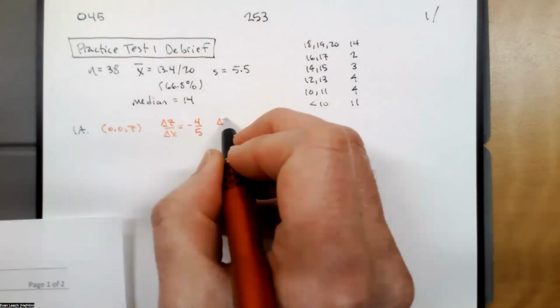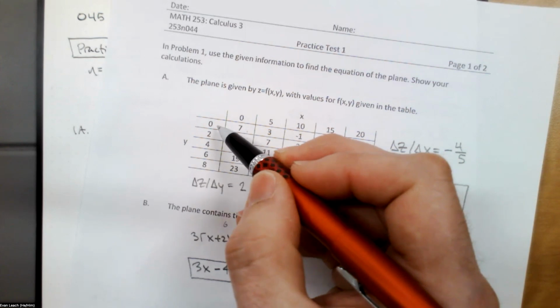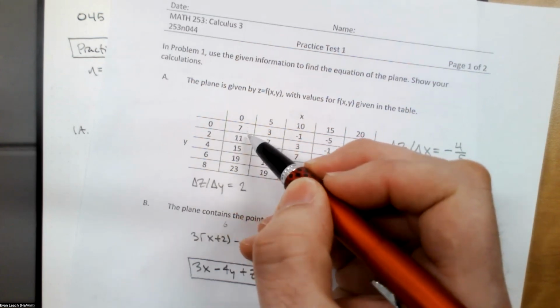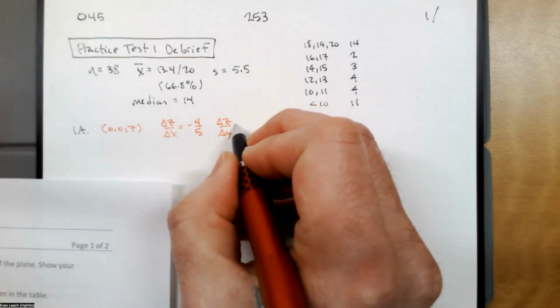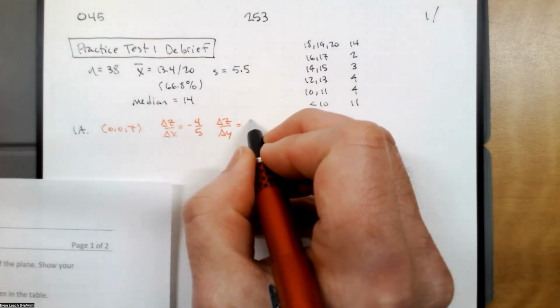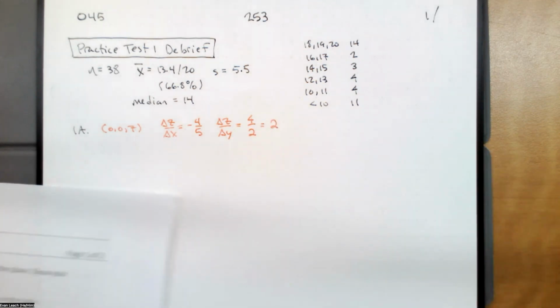If we look at the change in z with respect to y, we see that when y increases by 2, z increases by 4. So 4 divided by 2 is 2. The change in z with respect to y is plus 4 over 2, or just 2.